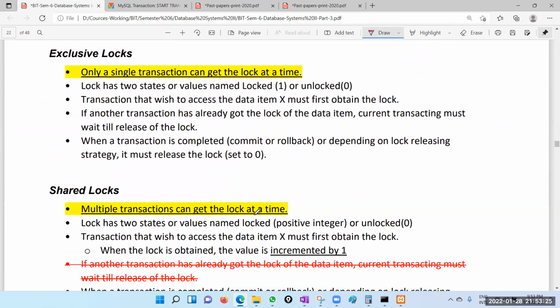I already explained you the two type of logs. The exclusive log, that means only one transaction can take that log and other transactions cannot access it now. Shared log means that resource can be used by multiple transactions.